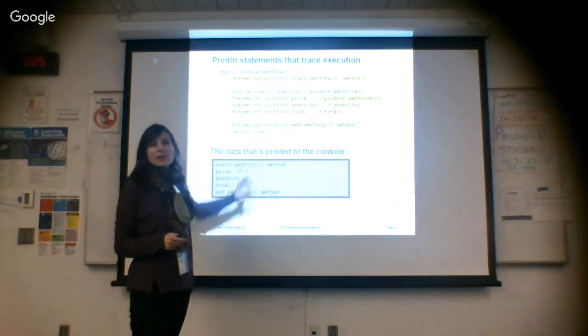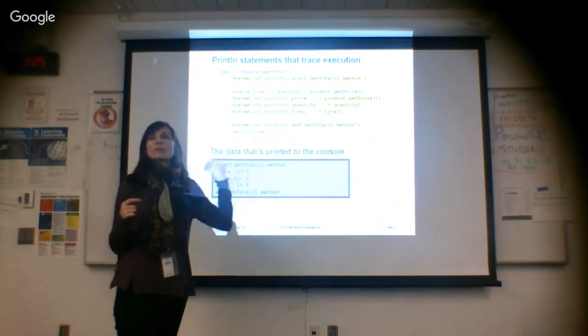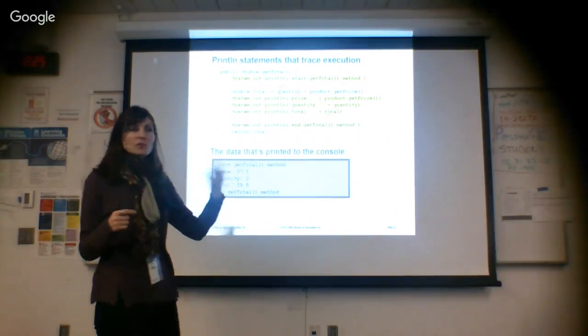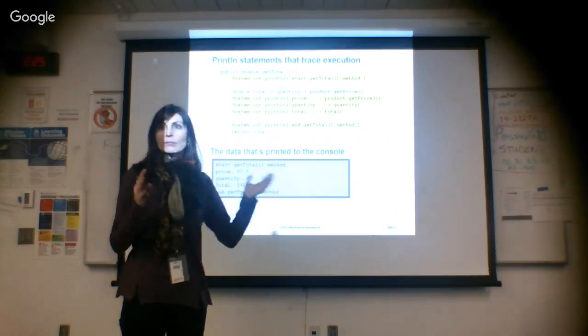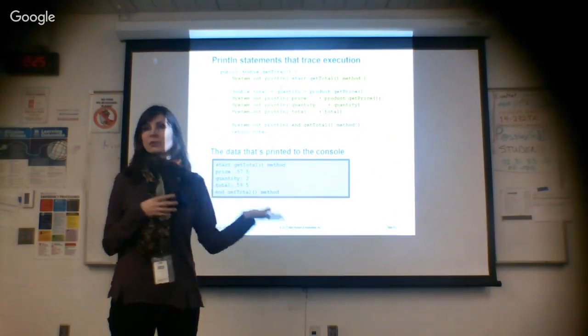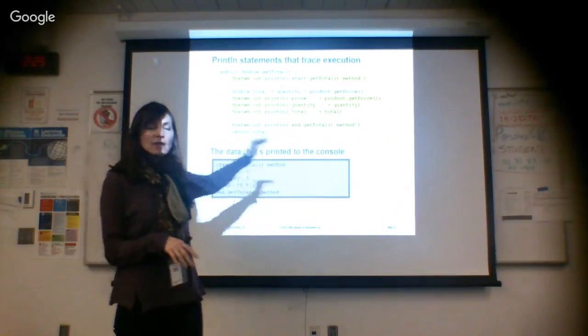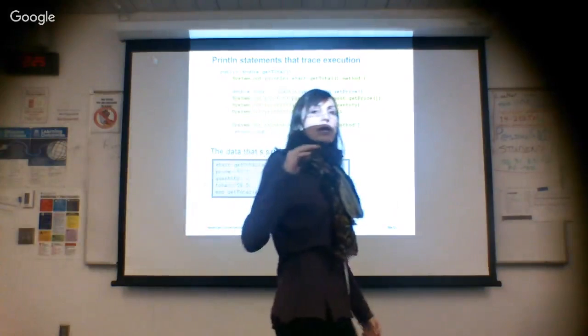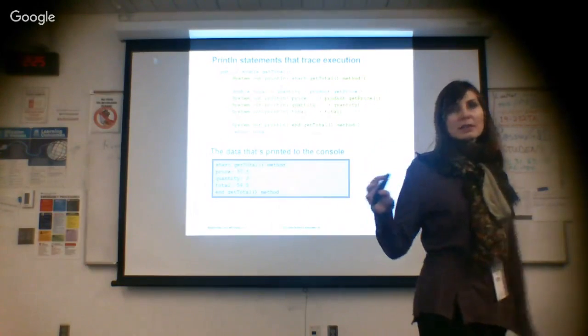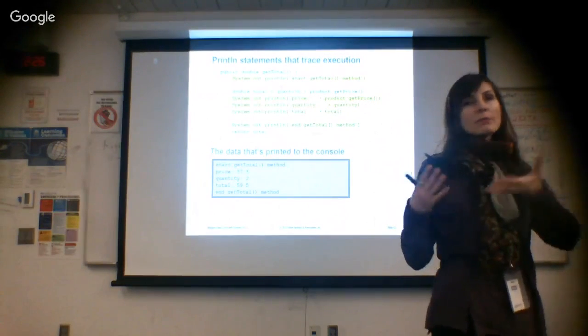So this is very helpful. You just have to remember to take out those lines before you submit your assignment or before you release your code. But again, you start by adding just a few to get an idea. Is this useful enough? Maybe you need to add a few more.